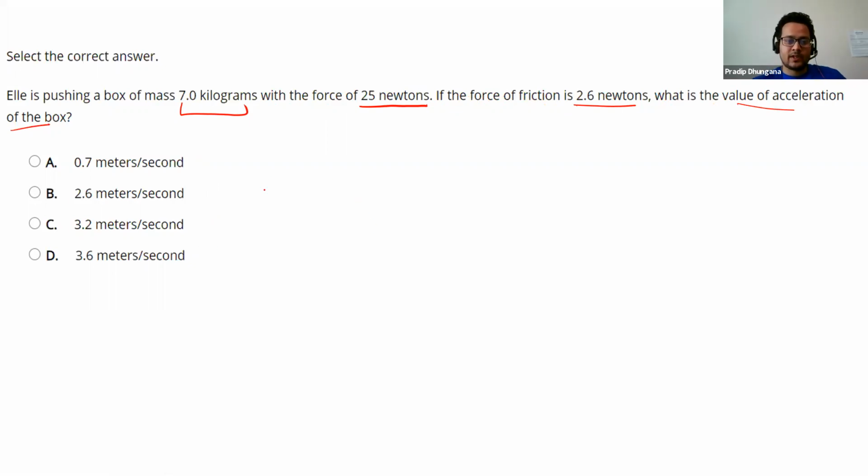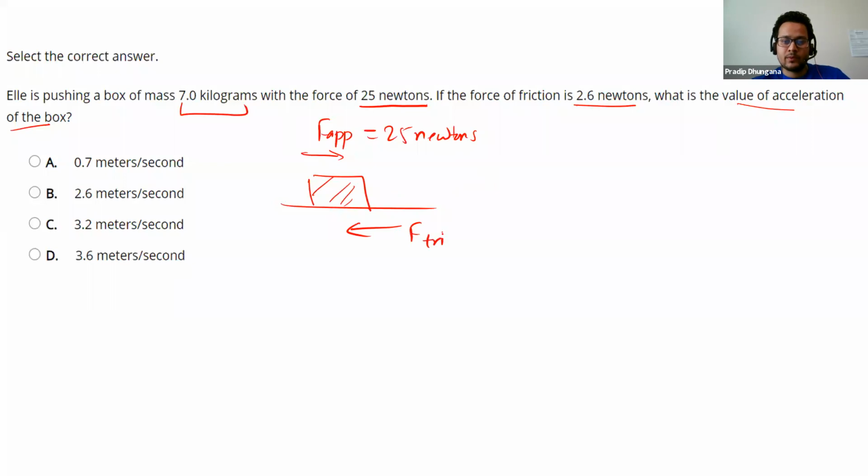Let me draw the surface and the box. The applied force is F applied, 25 newtons. The force of friction is in the opposite direction of the applied force. I'll write F friction, 2.6 newtons.